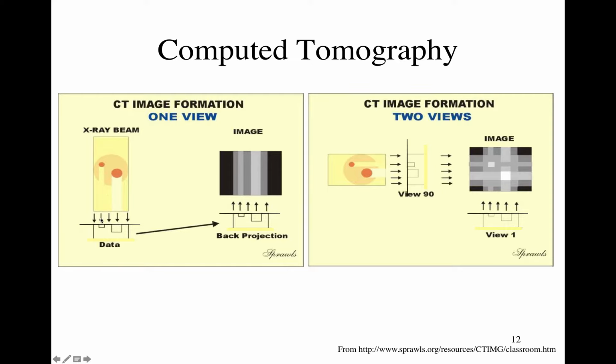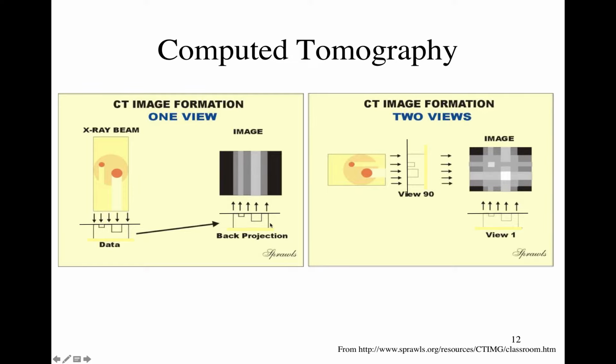This little object causes an attenuation, or fewer X-rays to be measured here. This object, because it's thicker, gives us even fewer X-rays across there. This diagram actually isn't that correct, but anyway, it's out of Sproul's book.